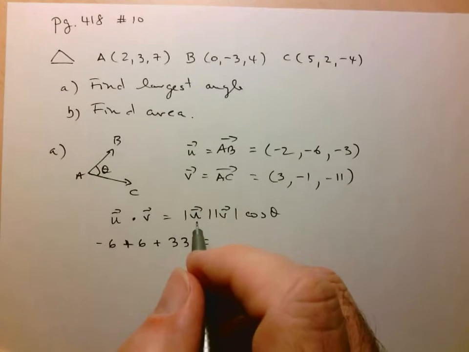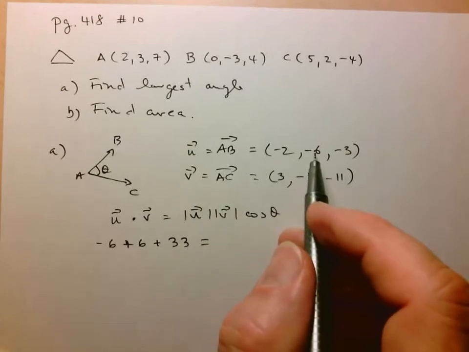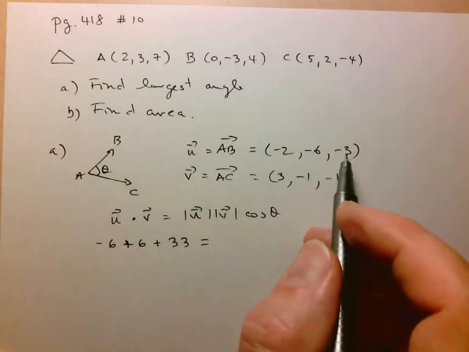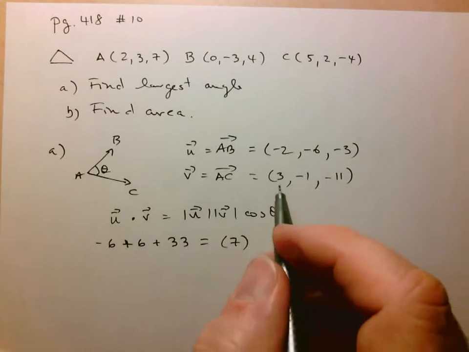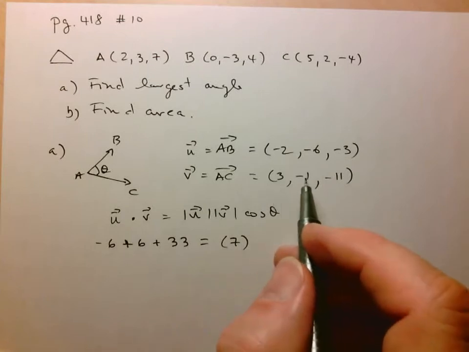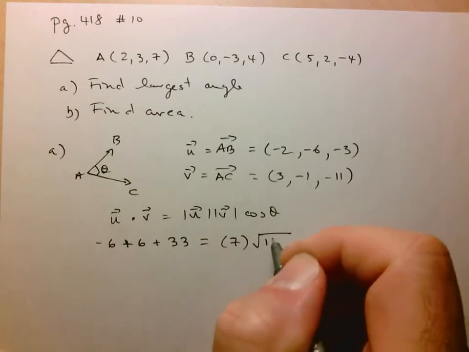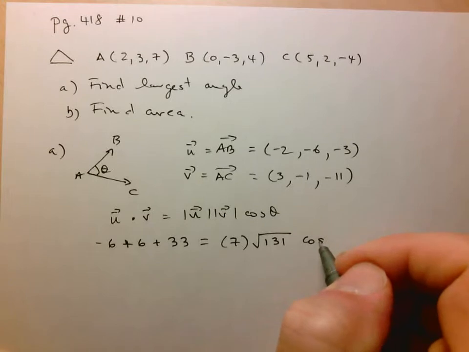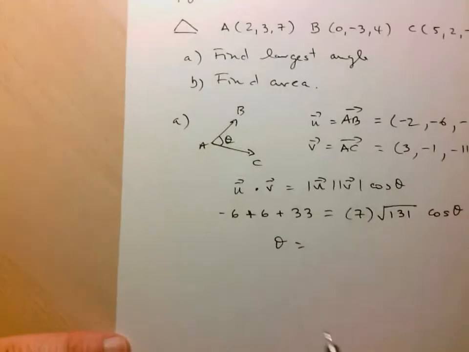The magnitude of U is 4 plus 36 is 40, plus 9 is 49, so the square root of 49 is 7. Then 9 plus 1 is 10, plus 121 is 131, so square root of 131 times cos theta. From here we can determine theta.